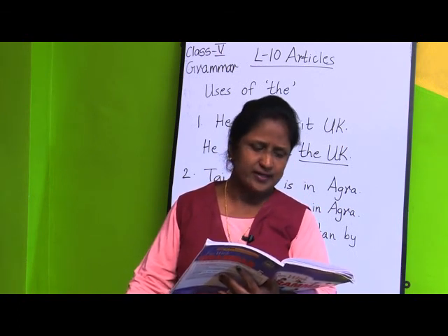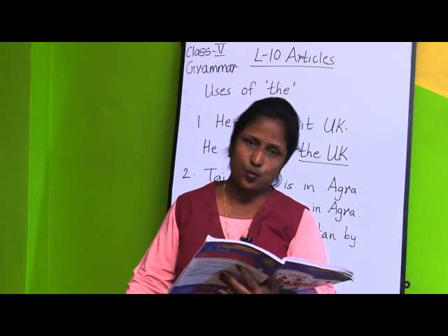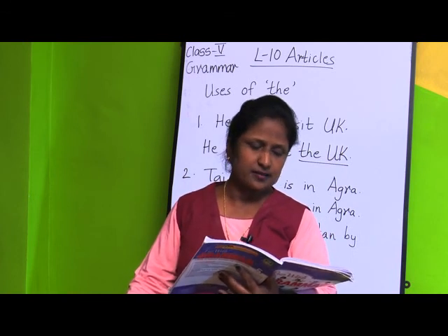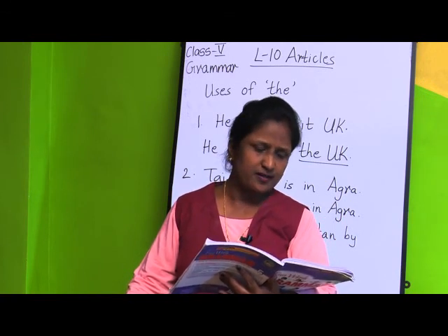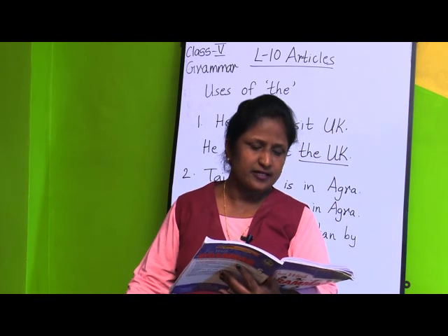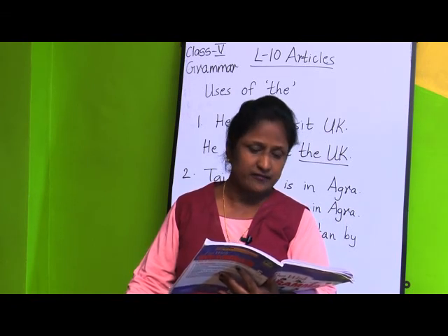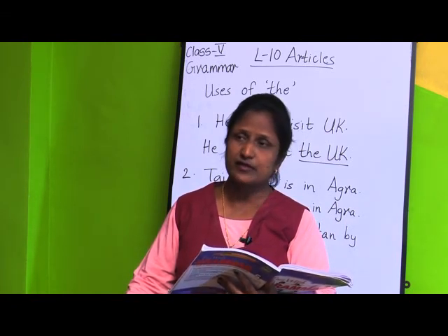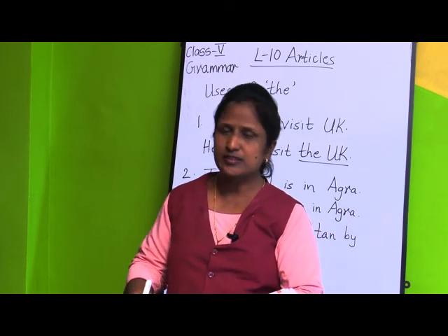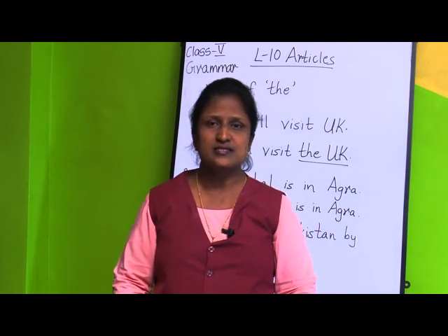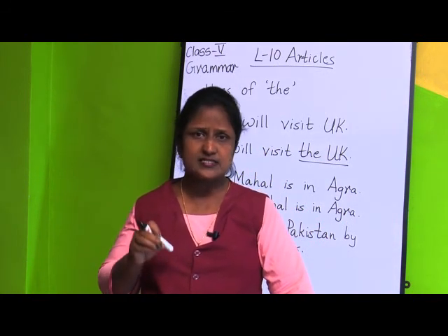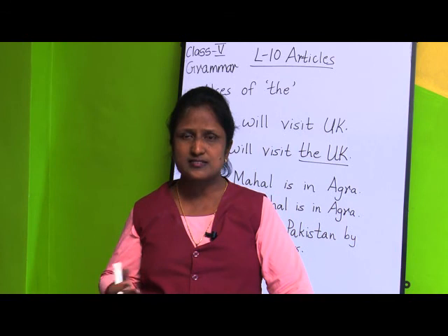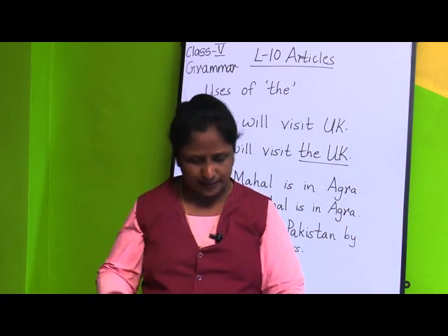The ant went away and continued with his work. There also no article. When winter came, the grasshopper found himself dying of hunger. There also no article. While he saw the ant living on whatever he had saved during summer. So in this way you are going to insert articles a, an or the where it is necessary, and where it is not necessary you are going to put a wrong sign.